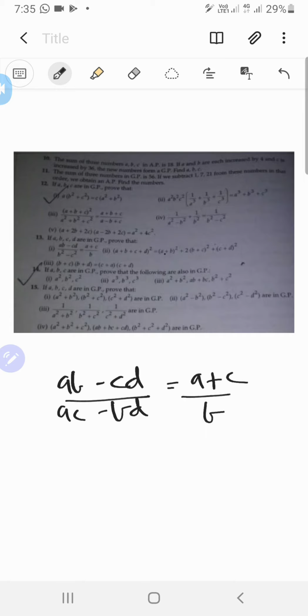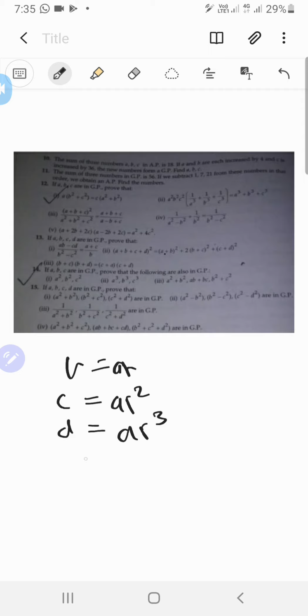Let's see what we can do. So you have AB minus CD upon AC minus BD. No, I cannot write anything about it, so that's not a good thing to do. Let's just use the fact that if these are in GP, we can write B as AR, C as AR squared, and D as AR to the third power.